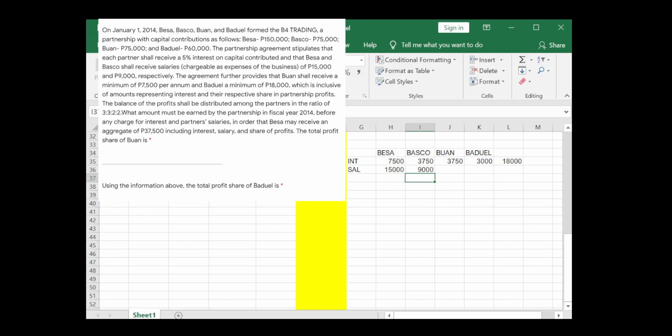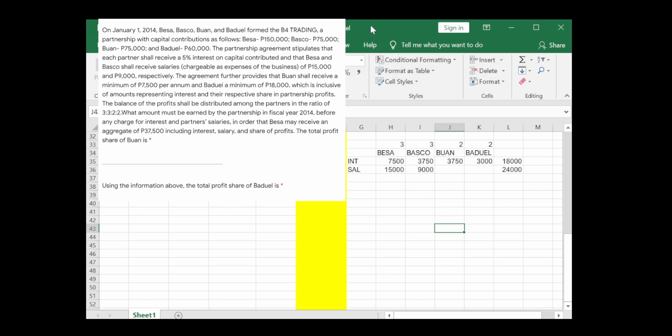Kasi sabi dito sa problem, before any charge for interest and partner salary. So basically, this is not really an expense, but ito yung way para ma-distribute natin yung kanilang profit. Okay? So, diretso tayo. For the salaries, we have total salaries of 24,000. Okay? Now, based sa kanilang agreement, yung kanilang profit and loss ratio is 3:3:2:2.